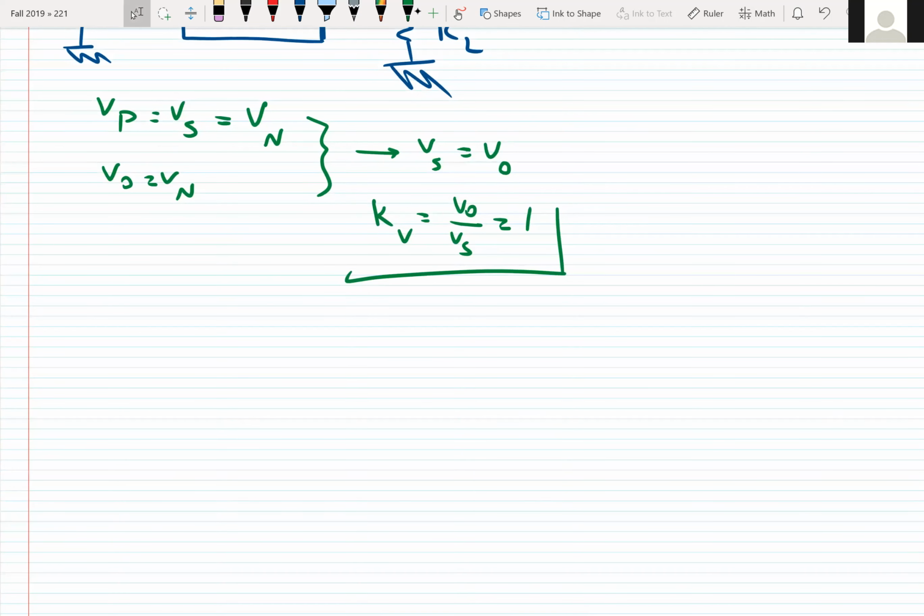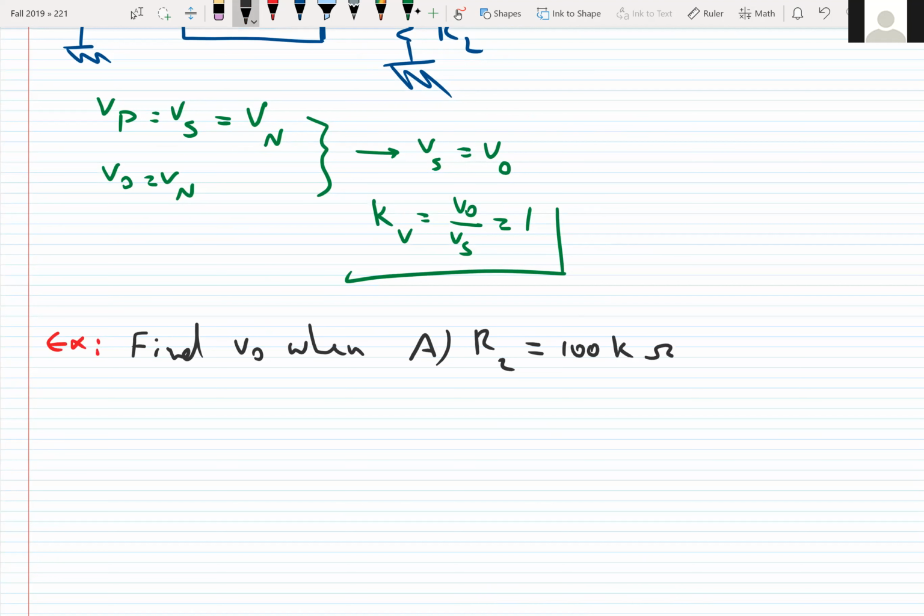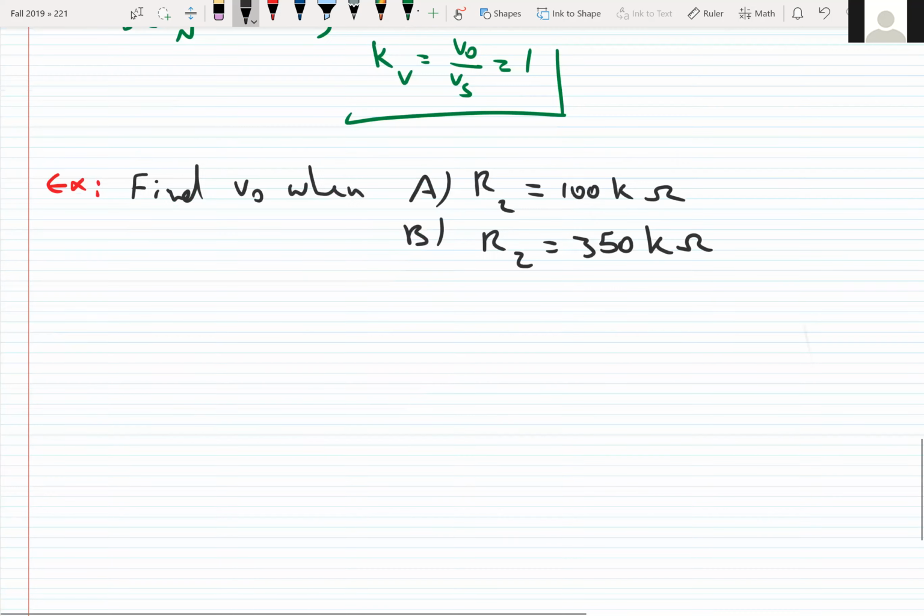Okay, so example: find Vo when A. R2 is equal to 100 kilo ohm, and R2 is equal to 350 kilo ohms. Okay, and here is the circuit.